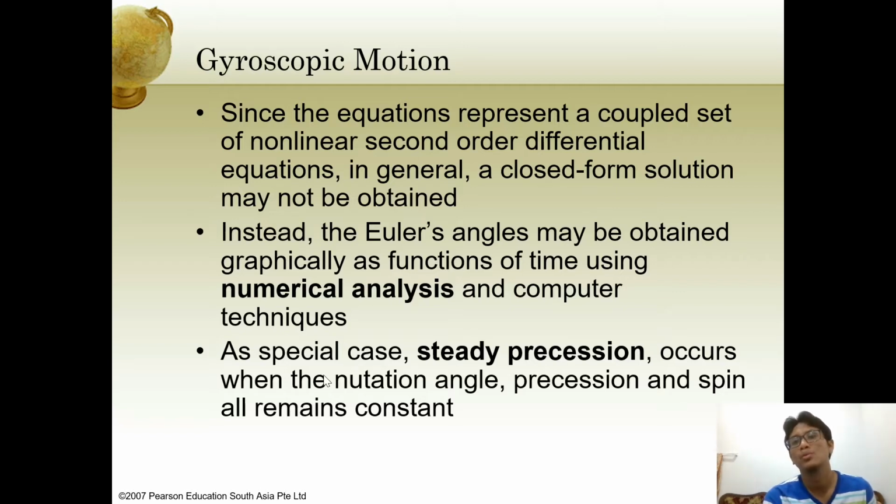We need to do a lot of calculation to obtain the final answer, which is the overall angular speed of the top. Instead, the Euler's angles may be obtained graphically as function of time using numerical analysis. So you need to use a computer, and a lot of equations should be involved. You cannot calculate it manually; you need to use numerical analysis.